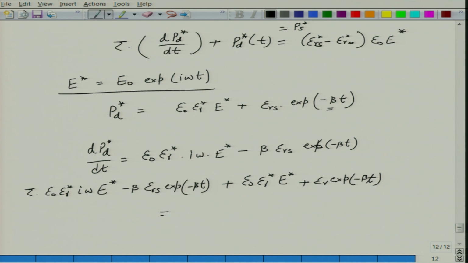This is equal to epsilon Rs minus epsilon R infinity epsilon naught E star. Okay.